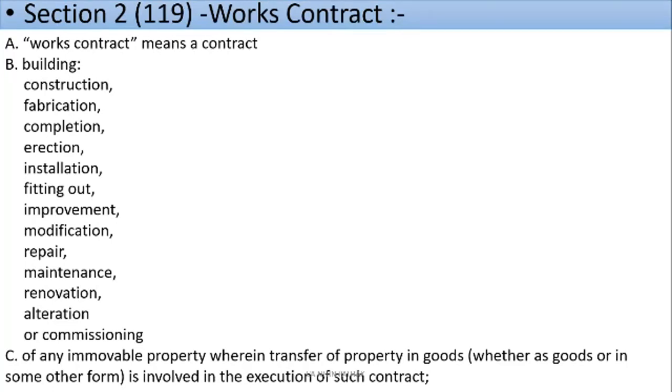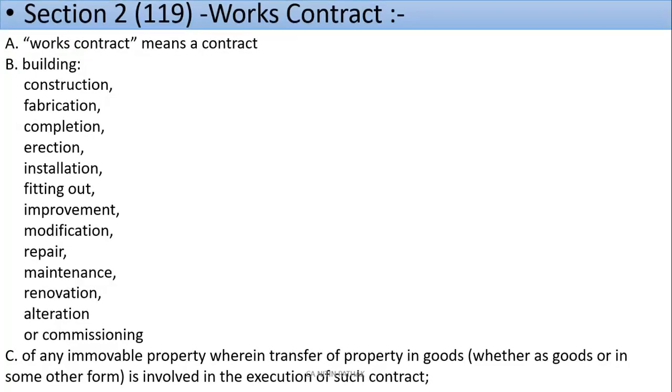So there is a contract, and there are these services to be done in relation to immovable property, wherein there is a transfer of property in goods involved in the execution of the contract. So what is important? There is a contract, there is an execution of the contract, and services are provided relating to immovable property, wherein some goods are transferred. What do you mean by transfer of goods?